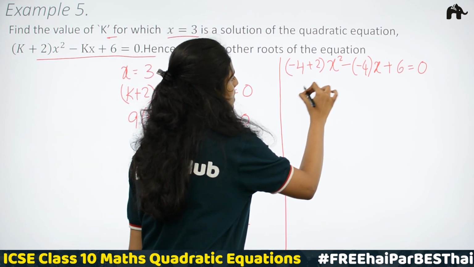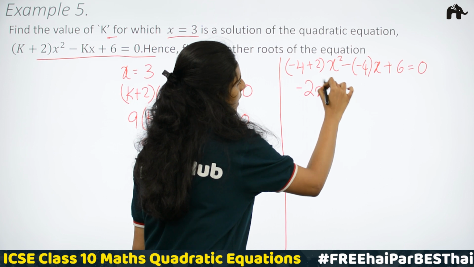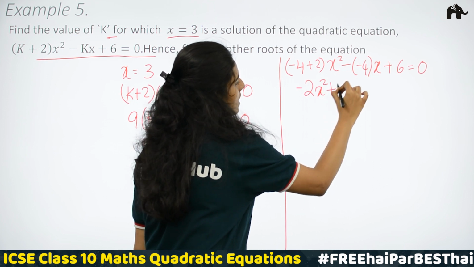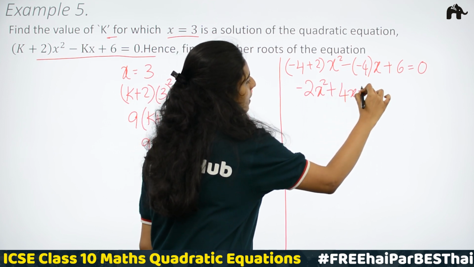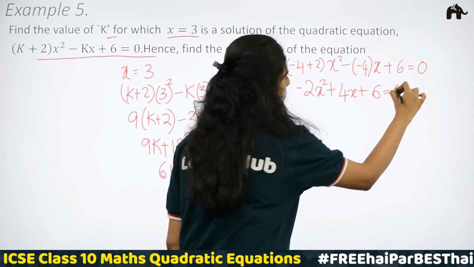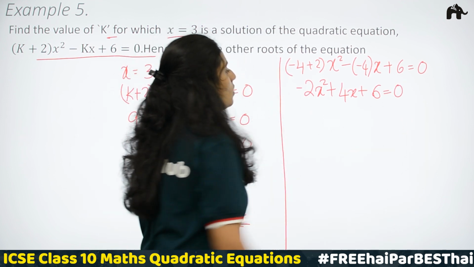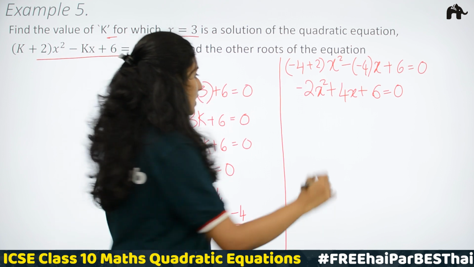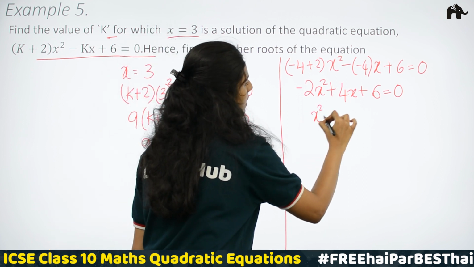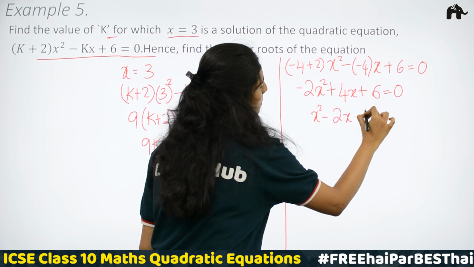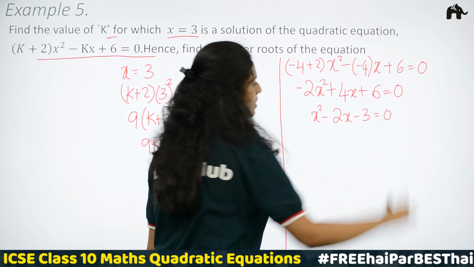Minus 4 plus 2 is minus 2, x square plus 4x plus 6 is equal to 0, or dividing throughout with minus 2, we get x square minus 2x minus 3 is equal to 0.